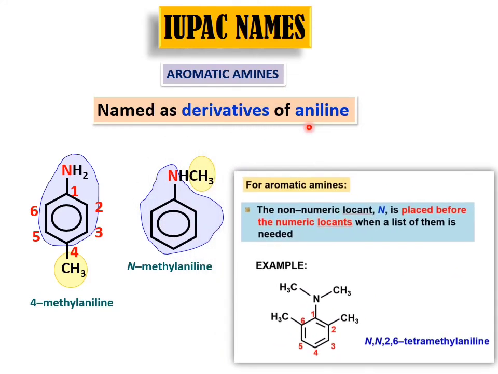For aromatic amine, the non-numeric locant N is placed before the numeric locant when a list of them is needed. Contoh dekat sini kan. Saya bagi contoh yang lebih kurang sama macam aliphatic tadi, cuma kali ni aromatic punya. So we have 1, 2, 3, 4.